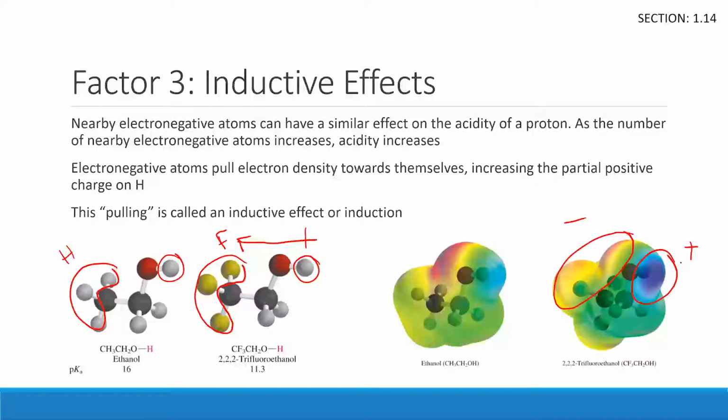Ultimately, that makes the trifluoroethanol more acidic than the ethanol, and it's because of these fluorines nearby pulling. You can see that also in its pKa. Remember, the lower the pKa, the more acidic. So ethanol's is 16, and trifluoroethanol's is 11.3.